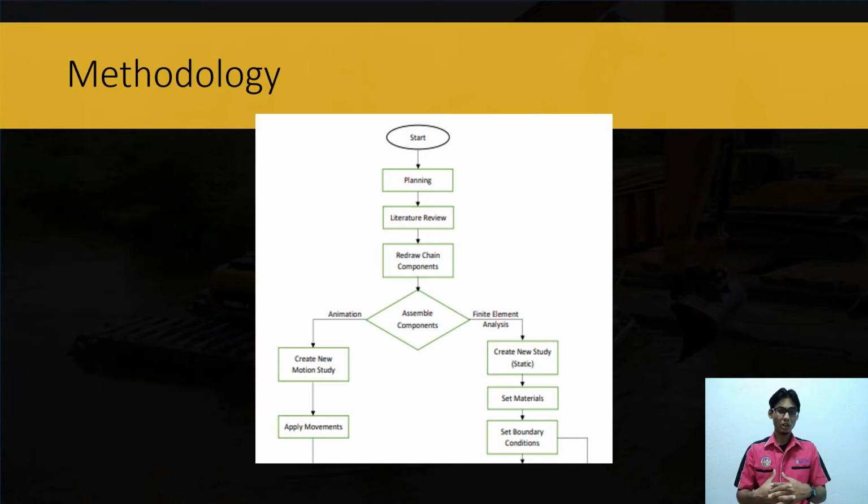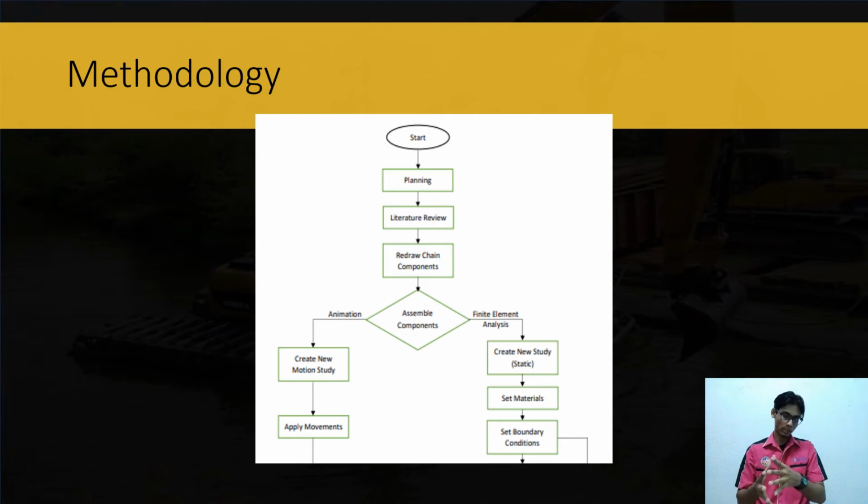So the methodology of this research: first, we start by planning the project. We do some literature review about the facts and info for this project. The components given to us, we then reverse engineer or redraw using SolidWorks.